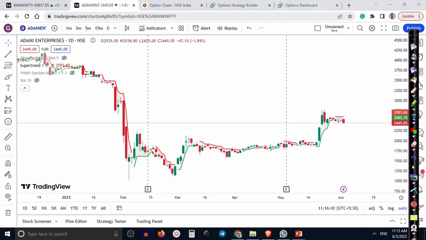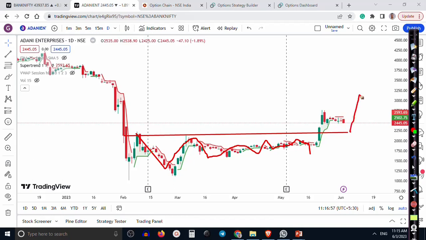Price was running sideways in this area and finally broke this range. So we expect that Adani price will stay above this area. In that case, we are going to deploy a credit spread in Adani ENT.